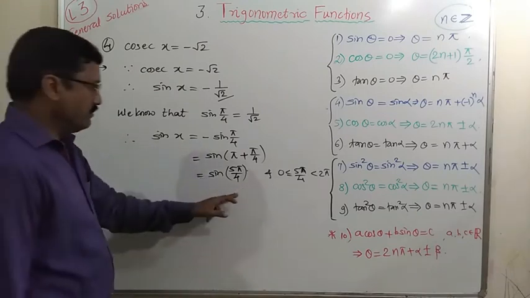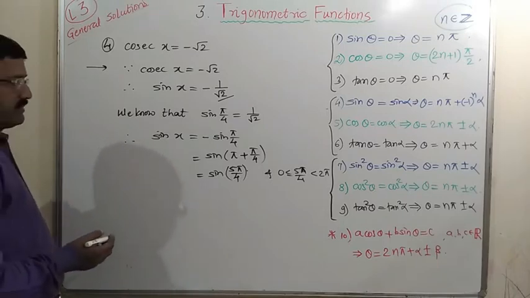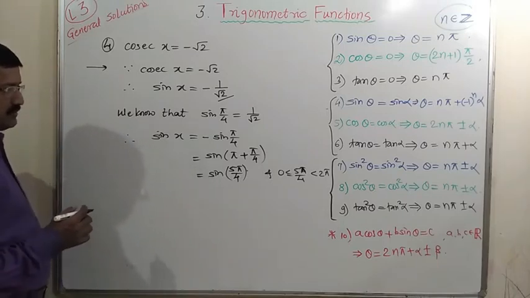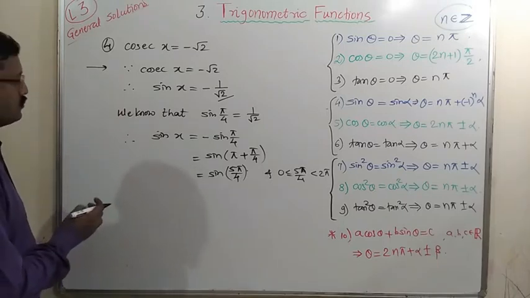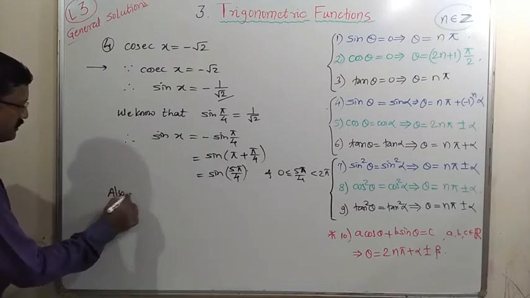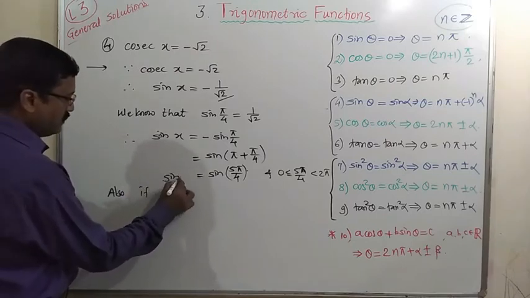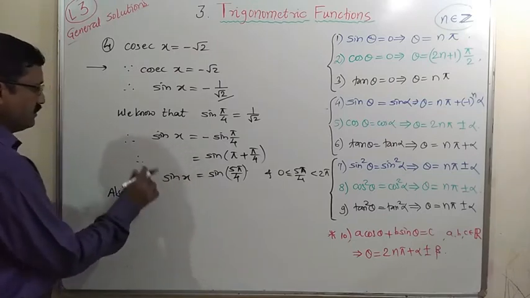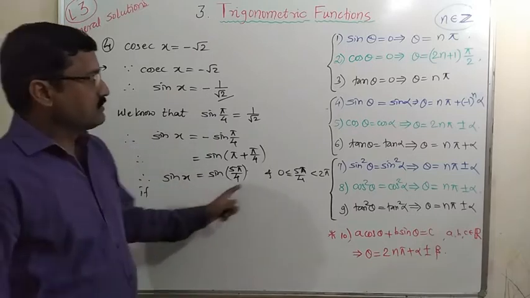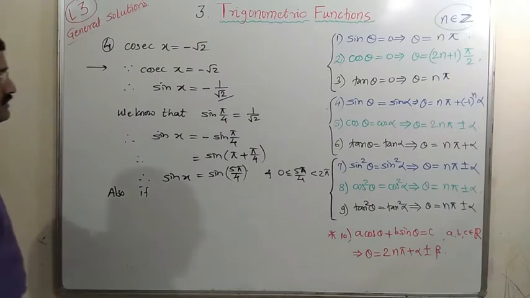So this 5 pi by 4 is the principal solution first, and using this smallest principal solution we will now find the general solution. Now therefore also if now this sin x is equal to sin theta, so this will be of type 4.